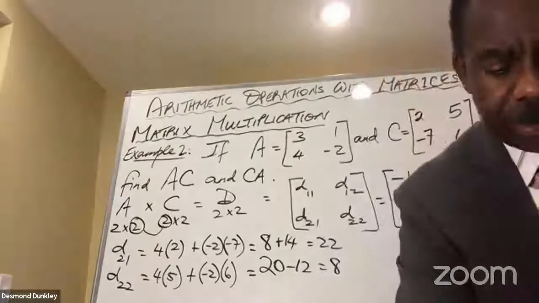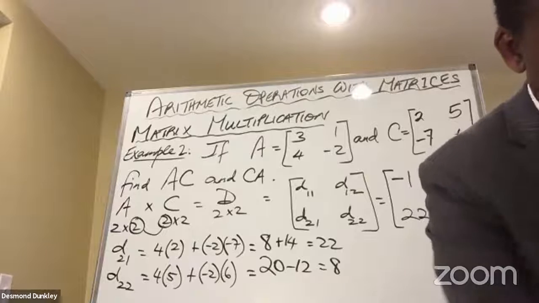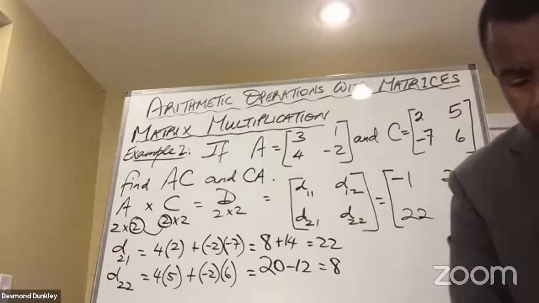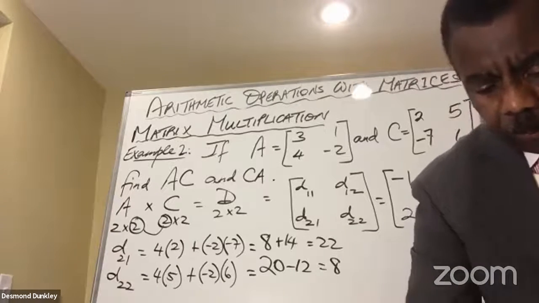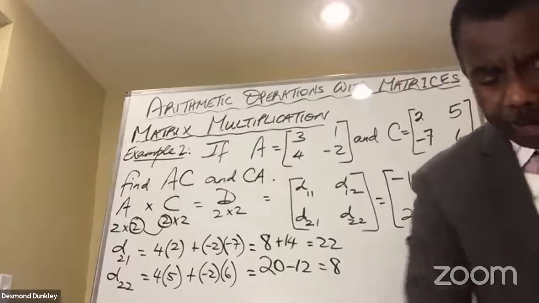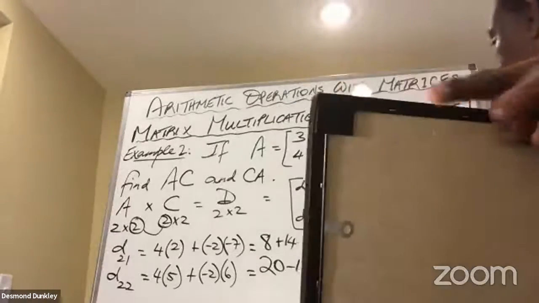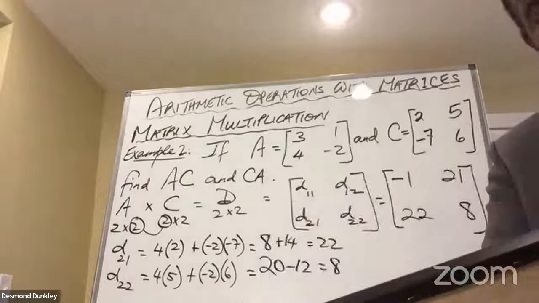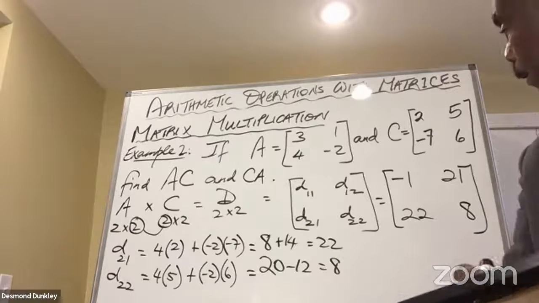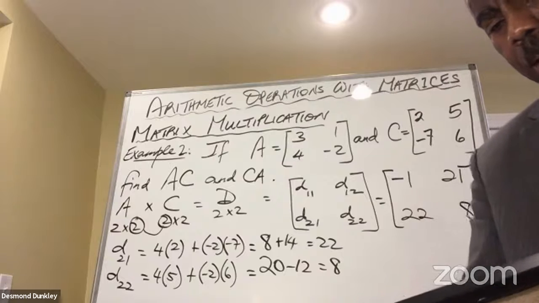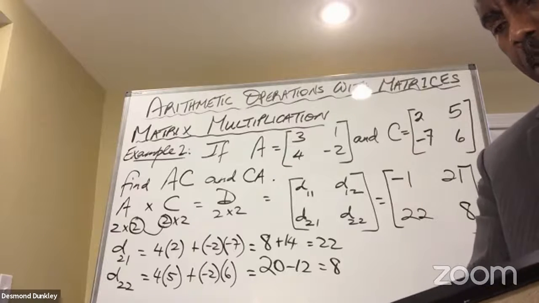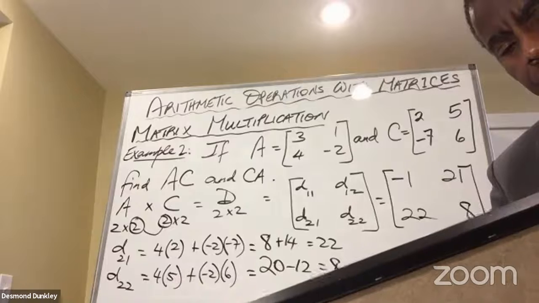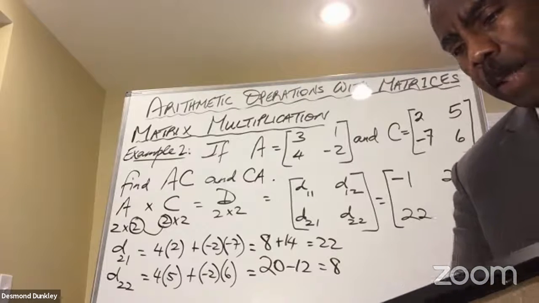I am going to write that somewhere so we have it, so when we do the reverse, we can compare to see if we get the same answer. So the result is negative 1, 21, 22, 8.